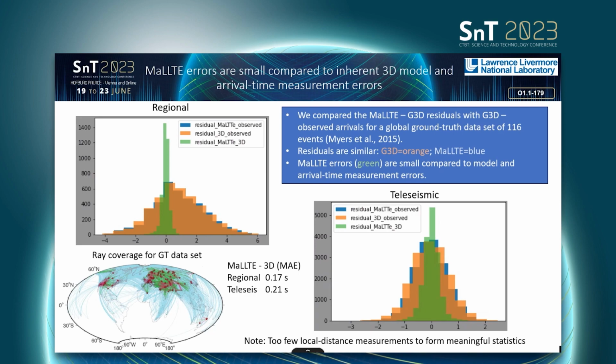And then in the teleseismic distance range, it's similar, where the blue and the orange pretty much overlay one another. So using the machine learning approach doesn't really add anything to the error. One thing I'll note is that it took several hours in this case to compute 3D. It took 1/10 of a second to compute all these travel times for the machine learning.